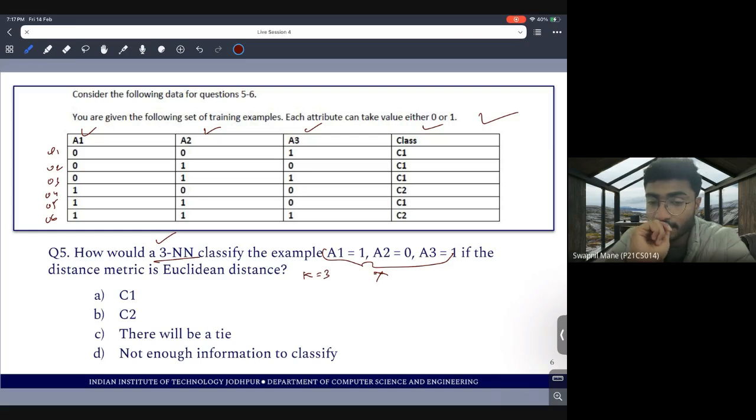Let me know if there is any confusion in the question, or if you have not understood the question. Anyone has got the answer?